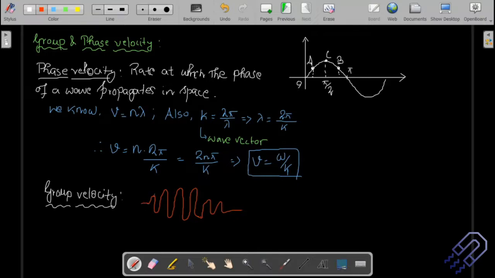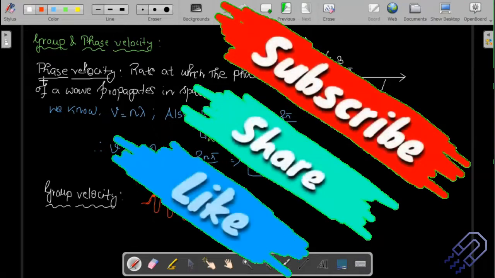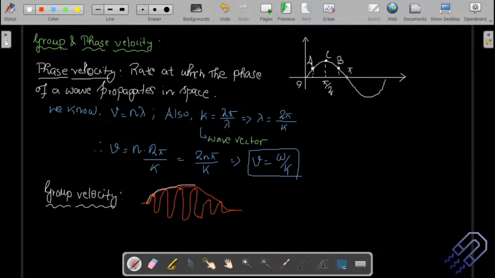Something like this, and this will represent an envelope of waves. So if you take all these maxima and join them, this gives you an impression that this is actually a separate wave altogether, right? So if we have a combination of waves, these waves will travel together, and this will be an envelope of waves, which does not have a single wave.